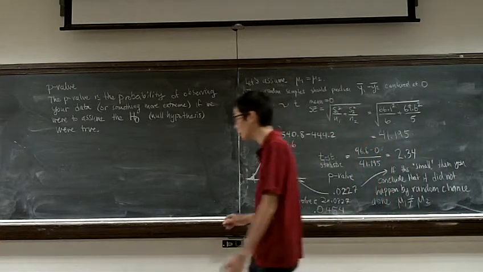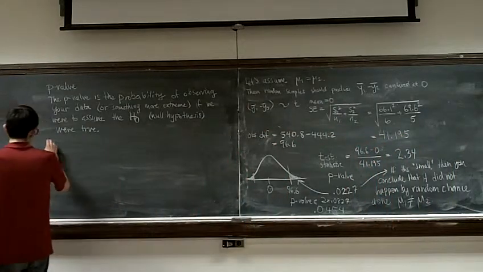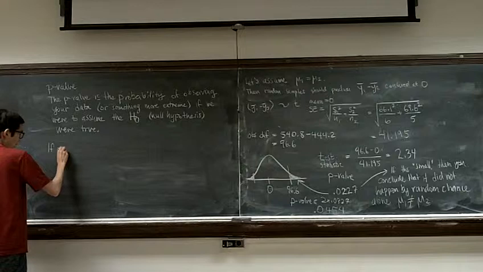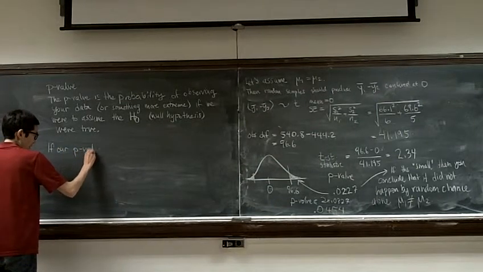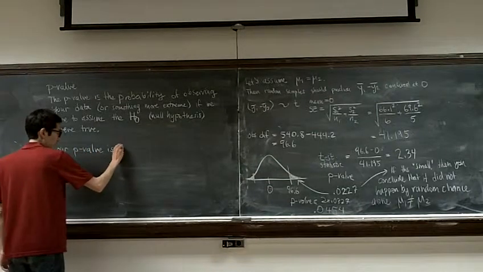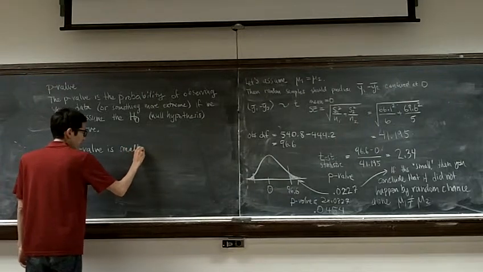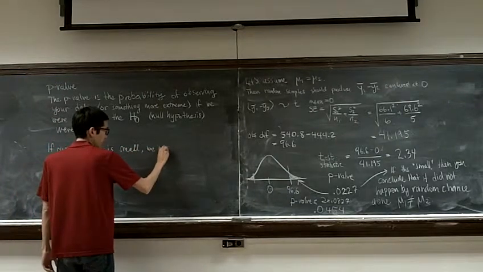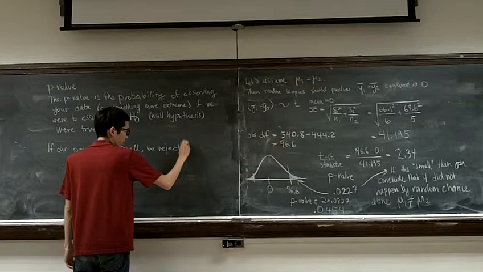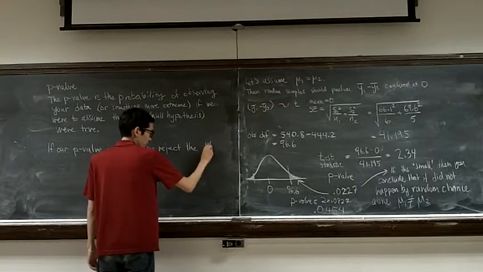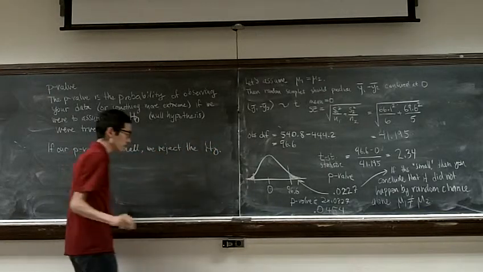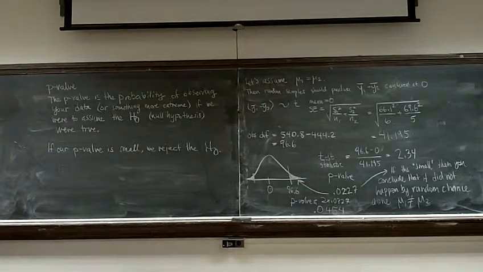And the conclusions are, if our p-value is small, we reject the null hypothesis. That's the short form conclusion.